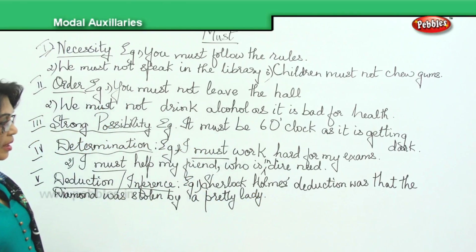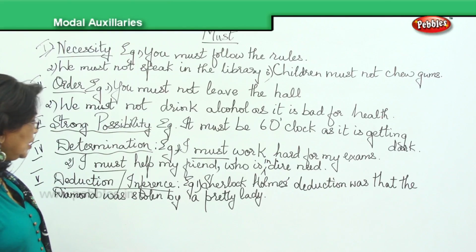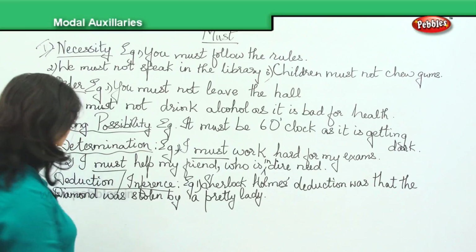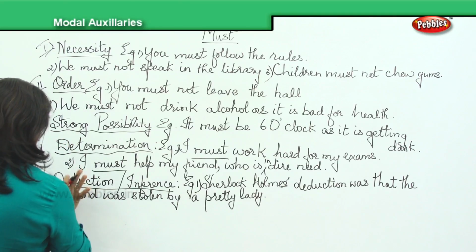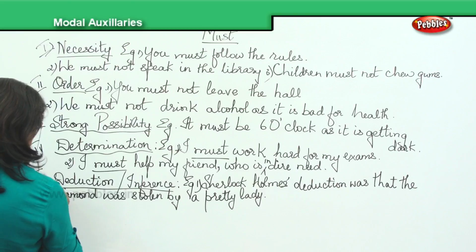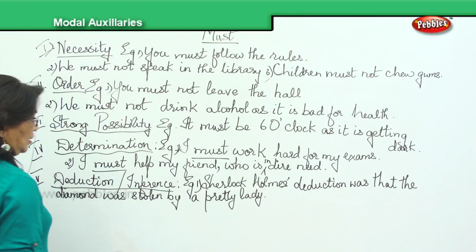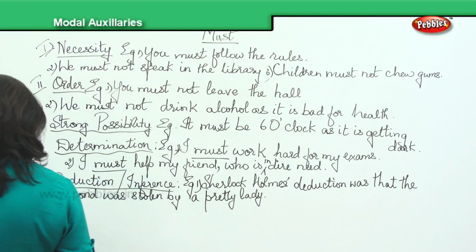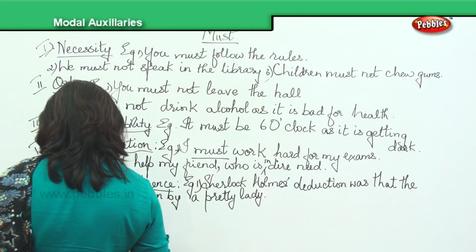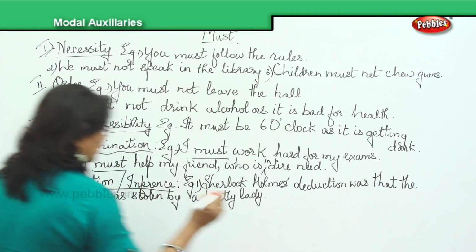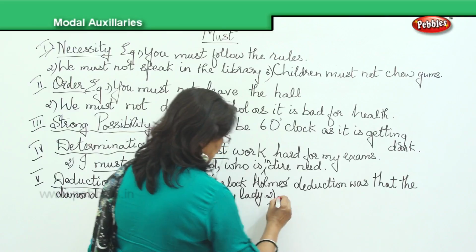Sherlock Holmes' deduction was that the diamond was stolen by a pretty lady. Okay, that is a deduction. Next one, second example I'll give you.